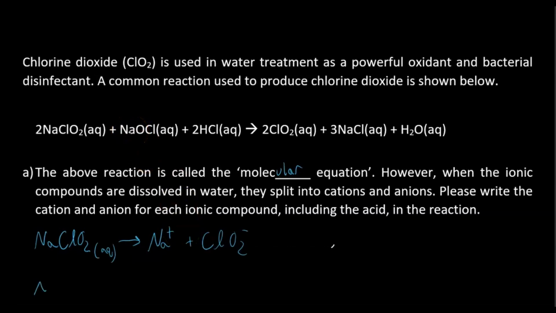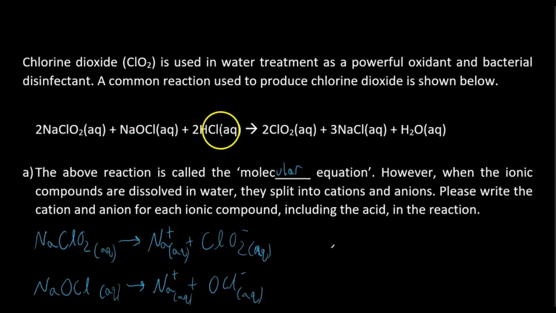This one is sodium hypochlorite, and when it's dissolved in water, it breaks up into Na+, and there's no 2 there, just OCl-. Technically, we should put aqueous here to show that they're dissolved in water.